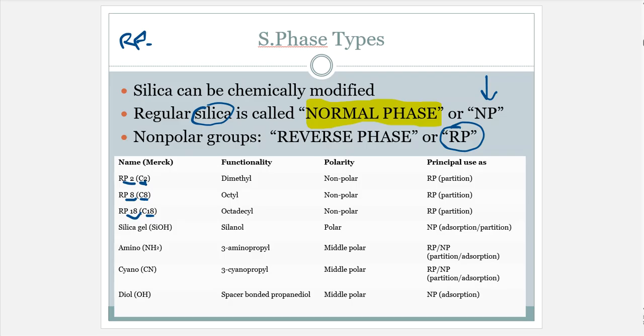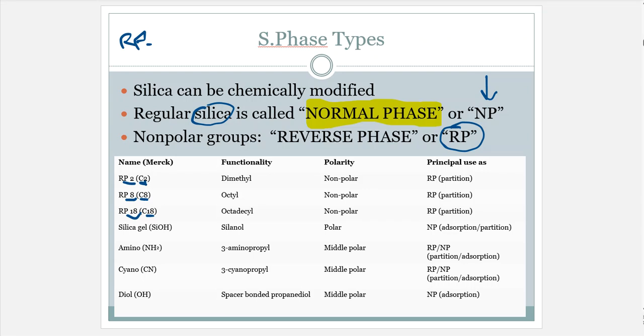The 2 means 2 carbons, the 8 in RP8s means 8 carbons, and the RP18s, guess what, means 18 carbons. That's what that is all about. All of this is the idea that we have flipped the polarity of the plate, and things begin to separate quite differently when we develop them using this type of chromatography system.